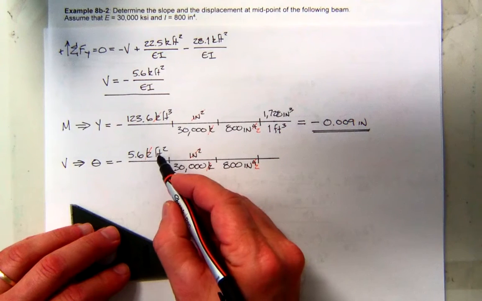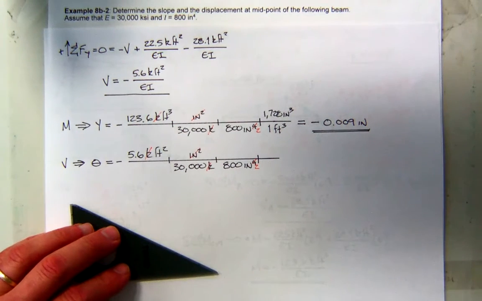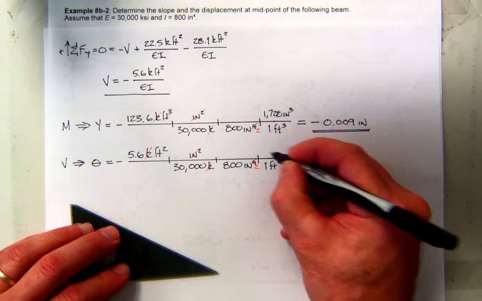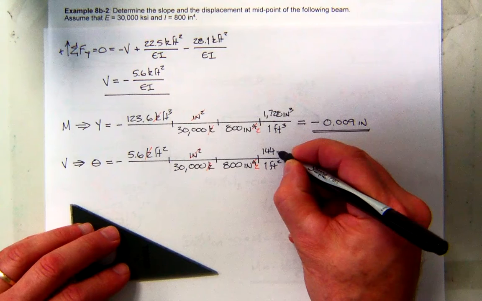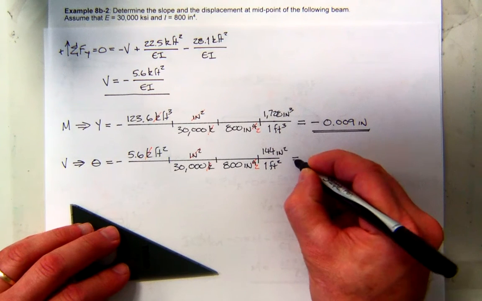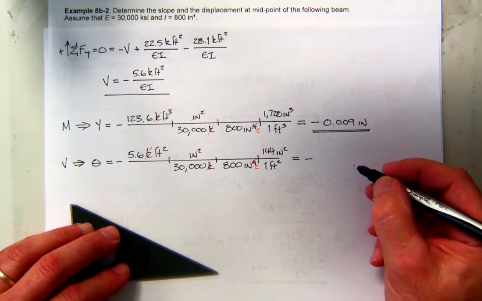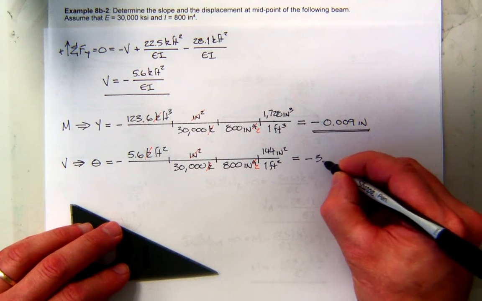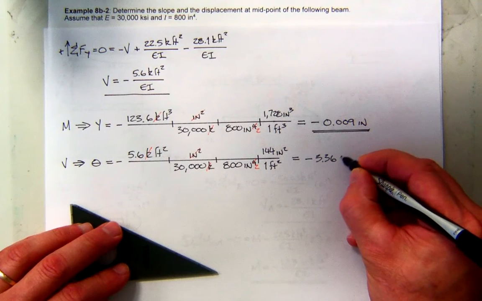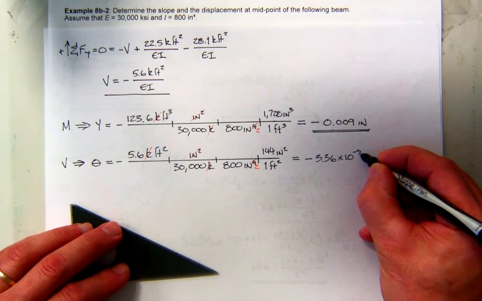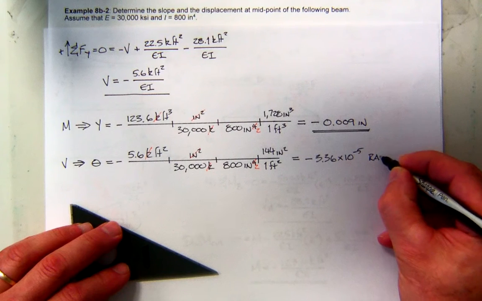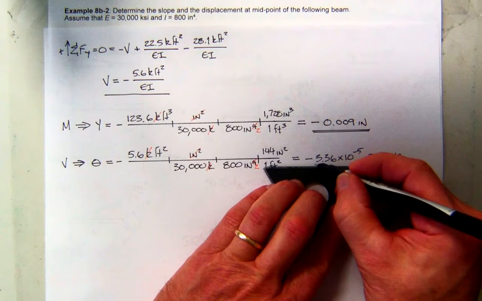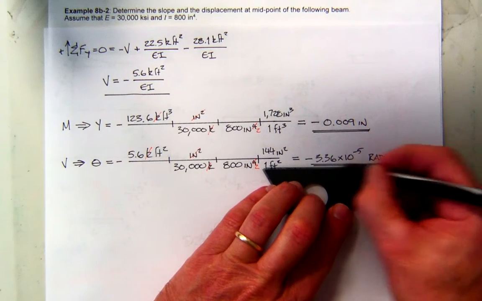We got square feet over square inches, so we're going to come out dimensionless, which is good, but 1 square foot is 144 square inches. So what's that equal to? Negative 3.36 times 10 to the negative fifth. 3.36 times 10 to the minus 5? Yep. That's a pretty small angle. Getting pretty close to 0.